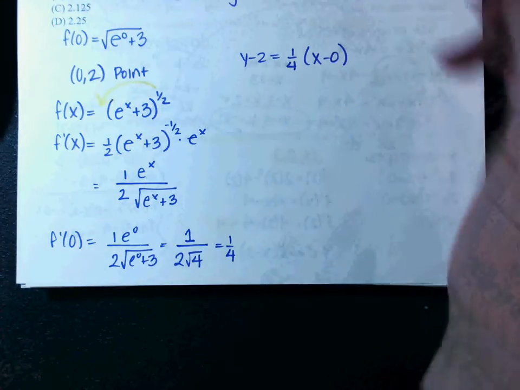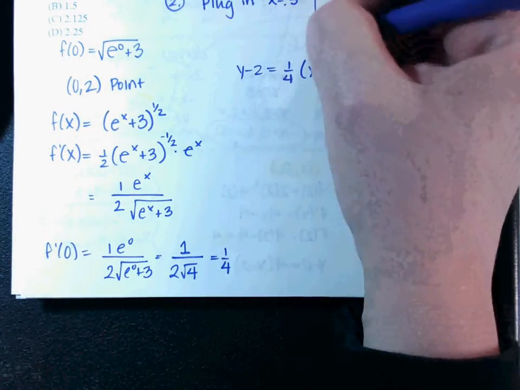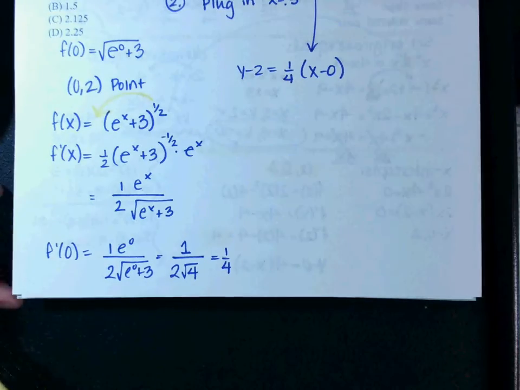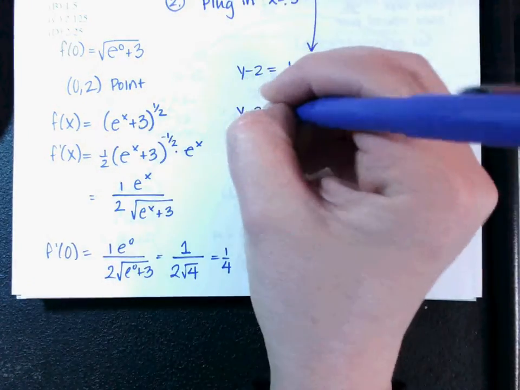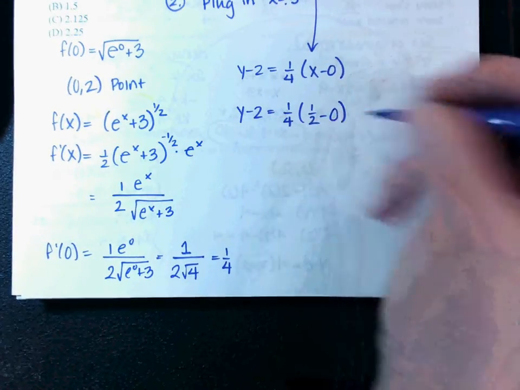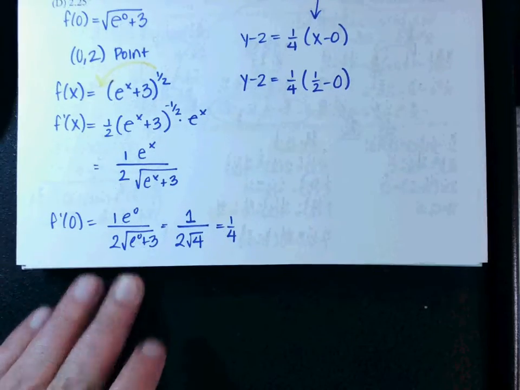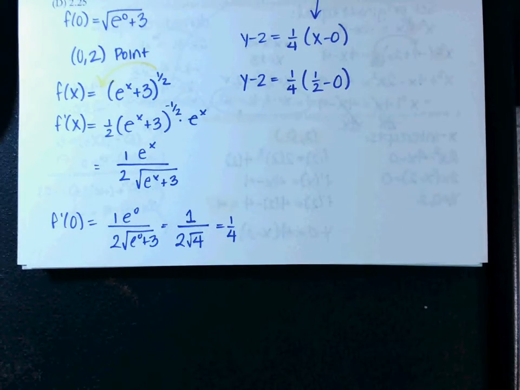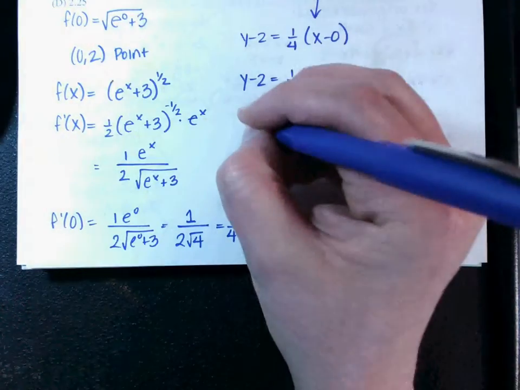And then we're plugging in 0.5. Now, with your fractions, you can change them if you want to. 1/2 of 1/4 is 1/8, so the answer is 2 and 1/8.